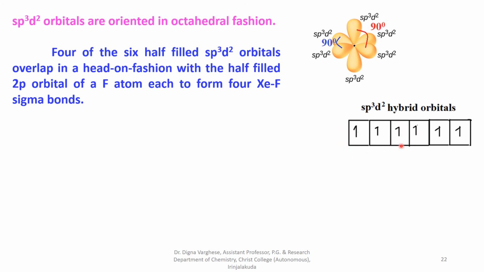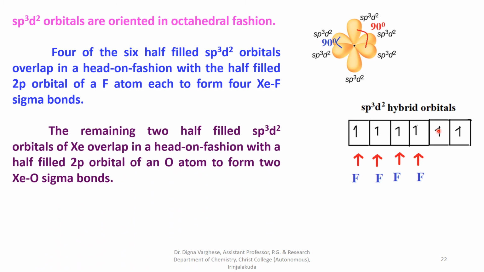orbitals of xenon overlap in a head-on fashion with the half-filled 2p orbital of fluorine atoms and form 4 Xe-F sigma bonds, and the remaining 2 of the sp3d2 orbitals of xenon overlap in a head-on fashion with the 2p orbital of oxygen atom, forming 2 Xe-O sigma bonds.